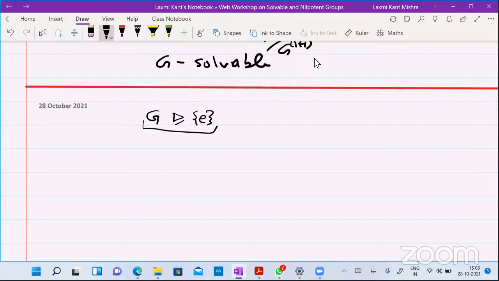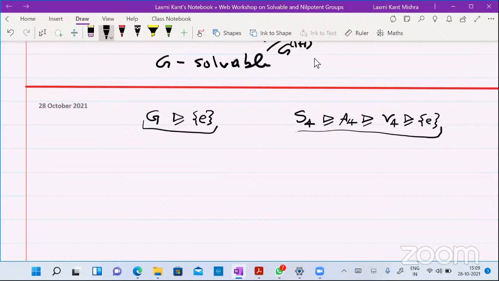And S4 is solvable, but it has a solvable series: S4 contains A4, contains V4, and V4 contains identity. So it is this many steps far from being abelian. So solvability is nothing but a measure of how far the group is from being abelian.